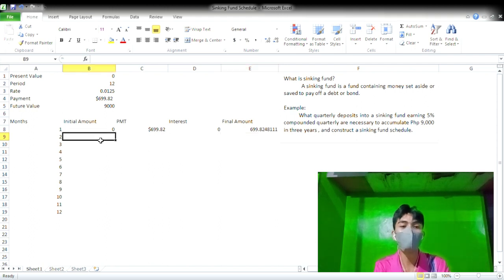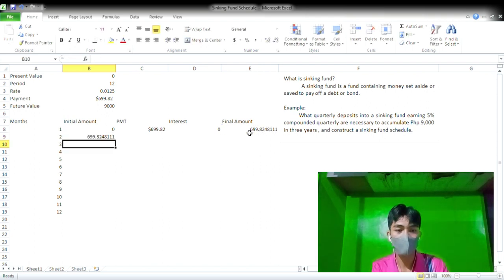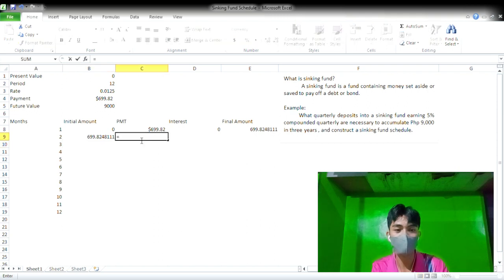In the next period, the initial amount is our final amount, just click this cell, and our payment is the payment.